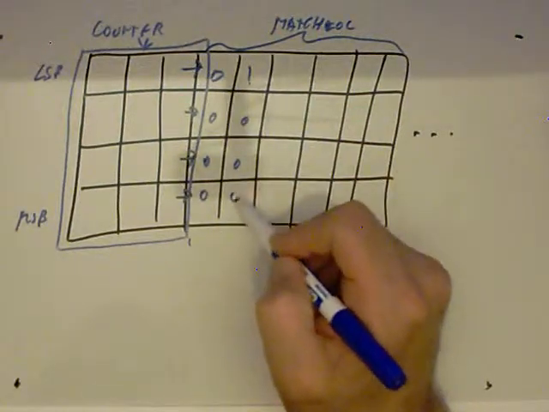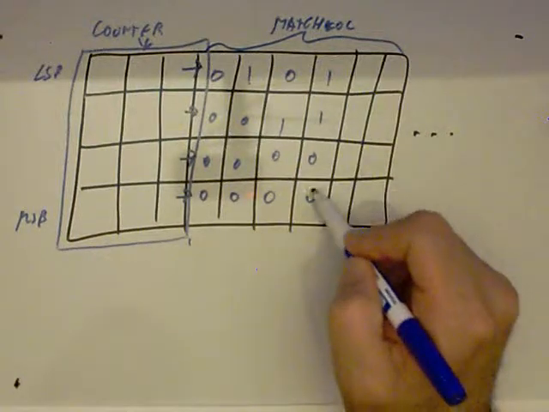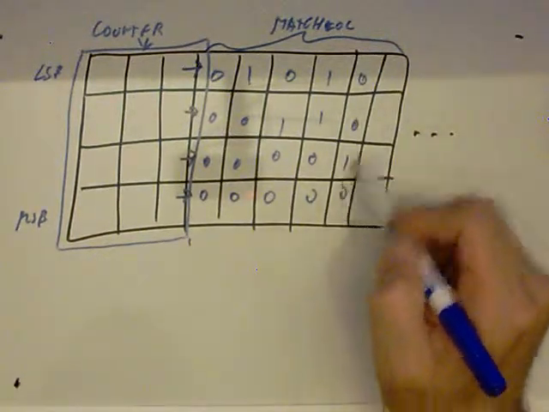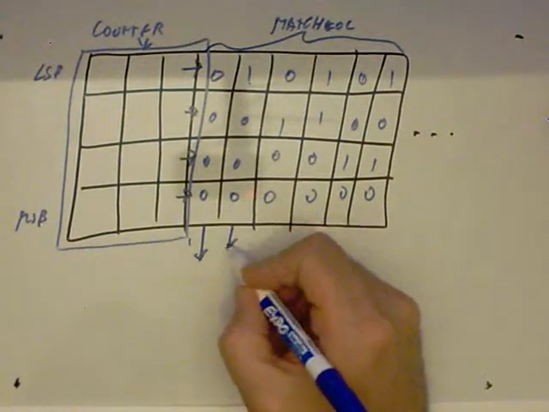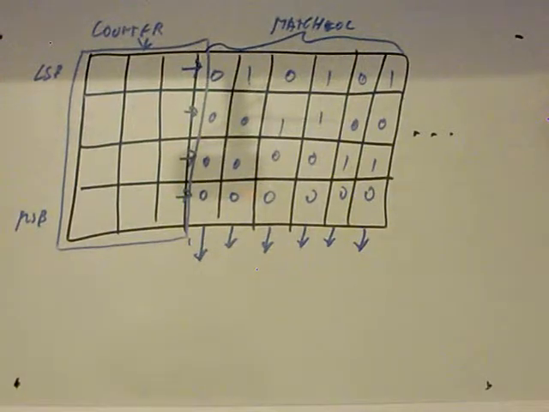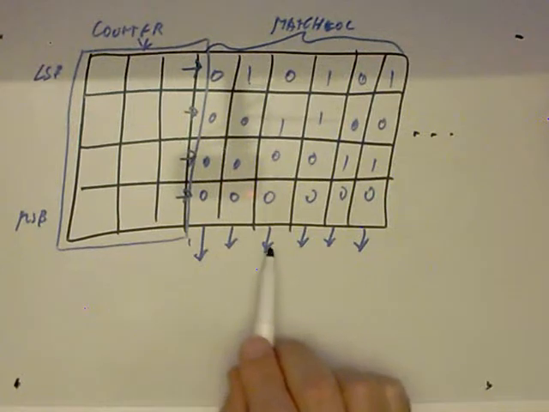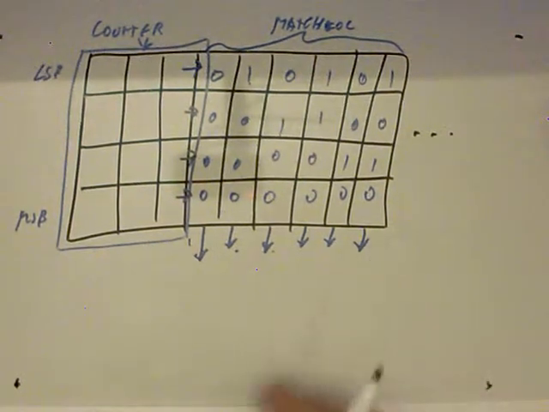This can match a 1, this can match a 2, this can match a 3, and so on and so forth. And we take the outputs from here and we send them somewhere that we're interested in. And now every time this counter ticks, another one of these outputs will be asserted. First this one, and then this, and then this, and this, and so on.